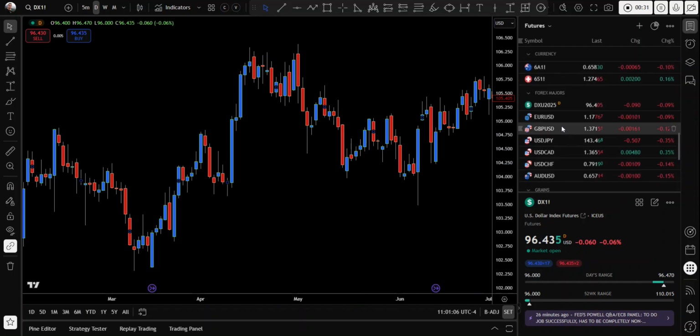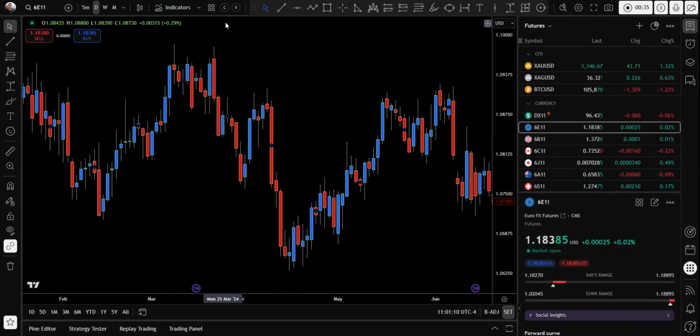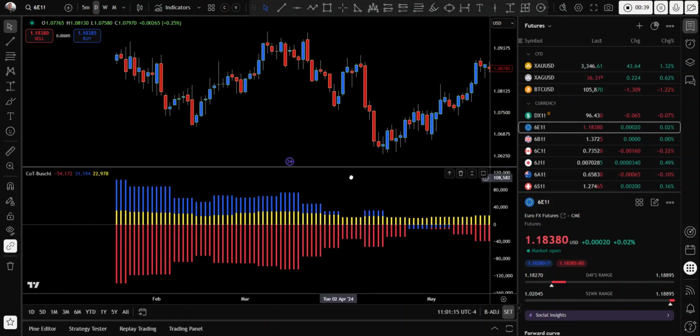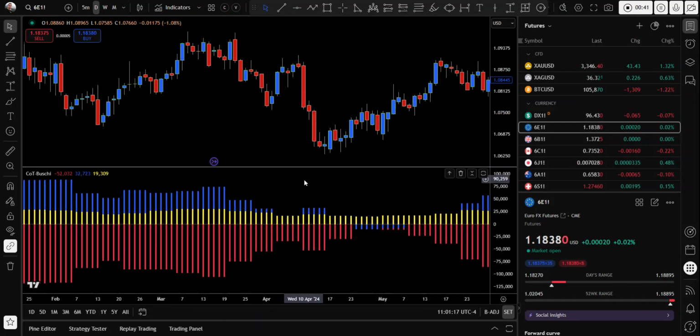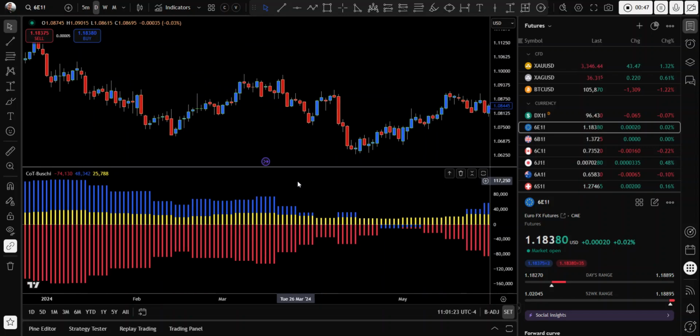Okay, so in that first video, I went over how to set up the indicator. Just to review, I created a template. If you didn't see that one, definitely check out that first video, because I walked through how to set up the entire indicator. Basically, you end up with something like this, showing the net positioning.